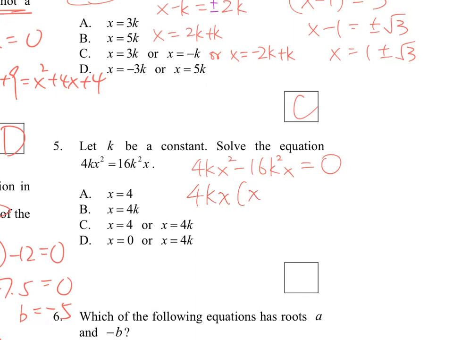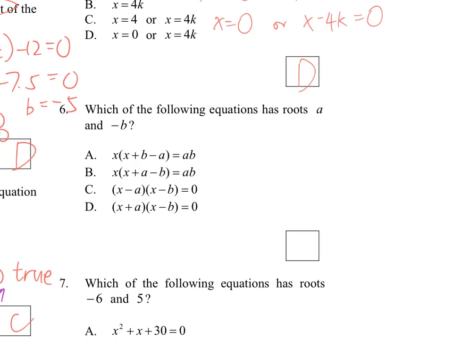What remains in the bracket will be x minus 4k. So we have the product of two things equal to 0, which suggests the following facts according to the principle of the factor method when we solve a quadratic equation. And now we get the answer D.